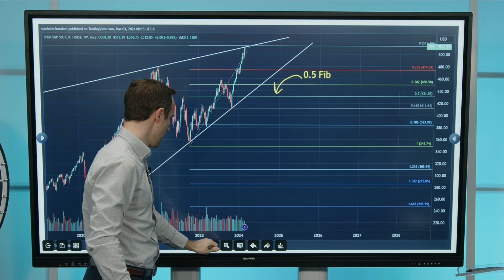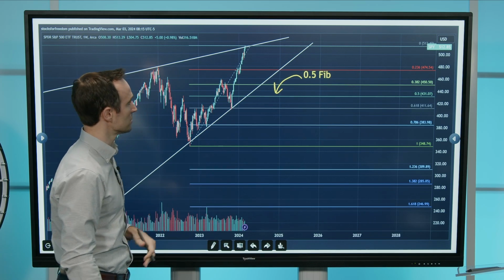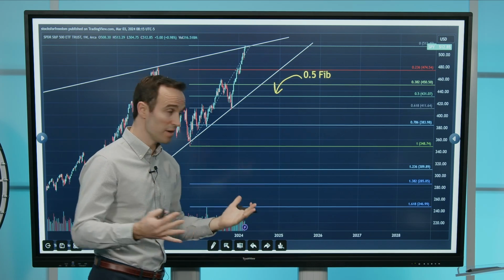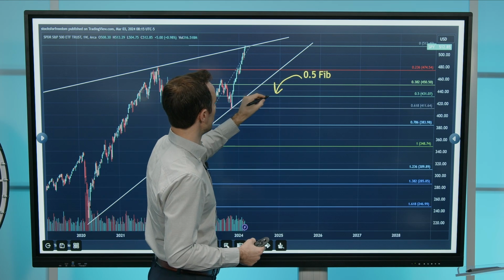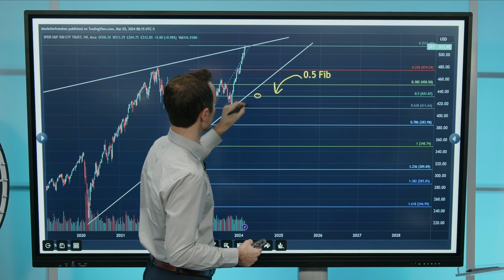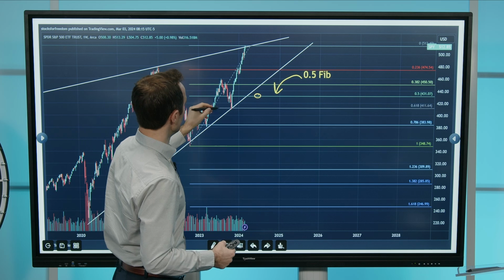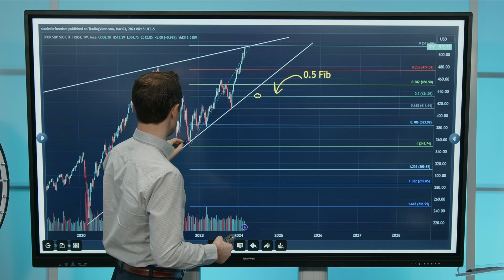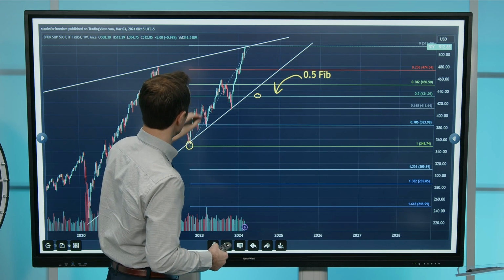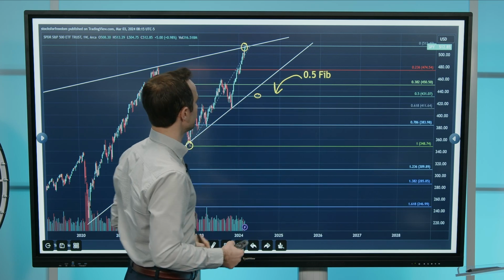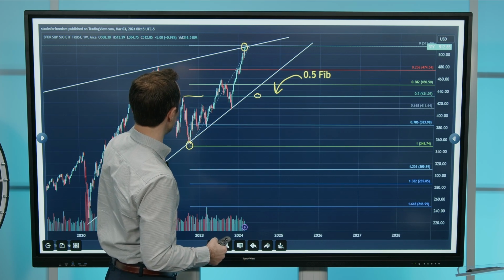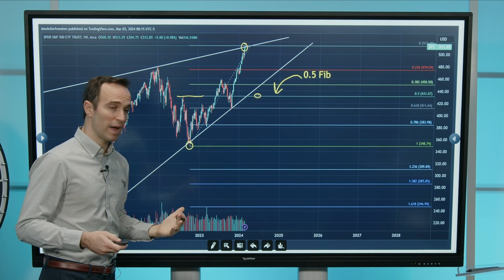And the area for a bounce, again, the 0.5 fib. That's the most likely area. Here's the 0.5 fib, right in here. So again, we've taken our Fibonacci level from the lows to the possible highs, and we've said it's about 50% is where it will pull back.